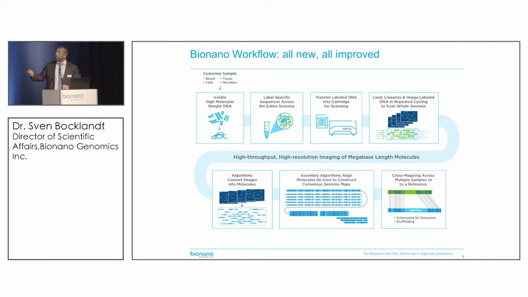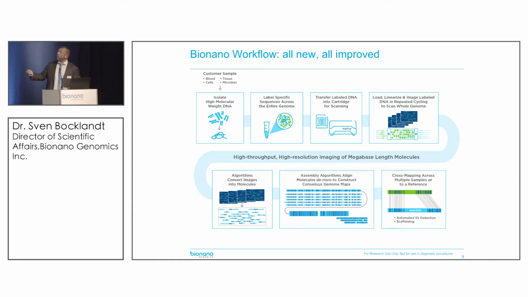So now we have megabase-sized DNA. We label a single sequence motif all throughout the genome, and we used to do that with nicking endonucleases, but about 1.5 years ago, we introduced our direct labeling chemistry that in a single enzymatic reaction attaches a fluorophore directly to that 6 base pair recognition sequence. There's no more nicking or breaking of the DNA, no more blind spots, and our data has gotten a lot better through that process.